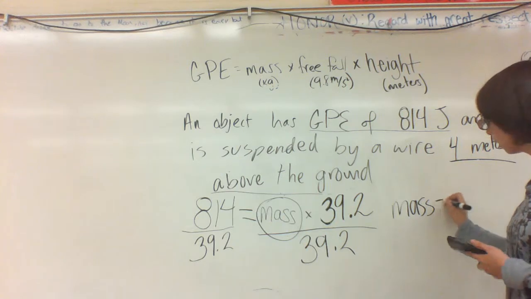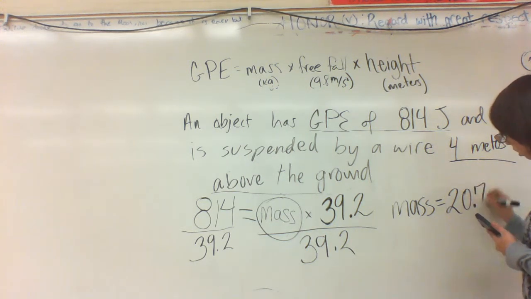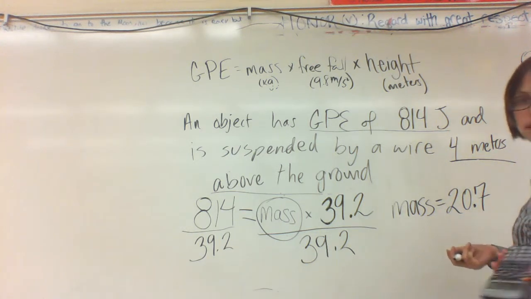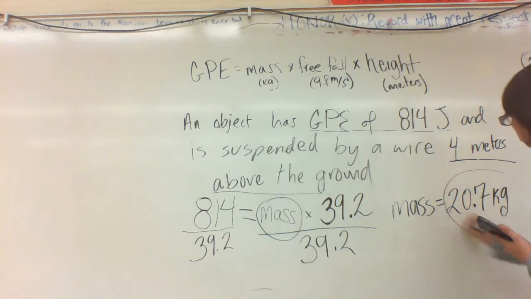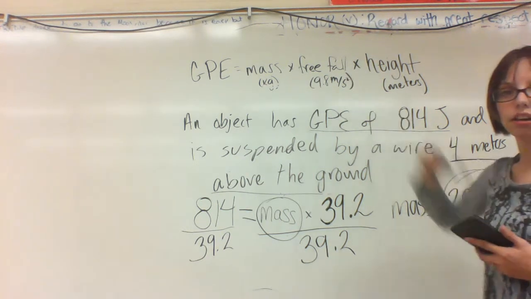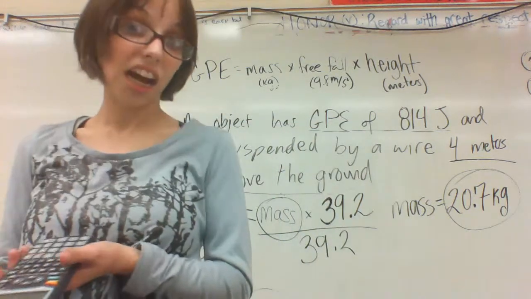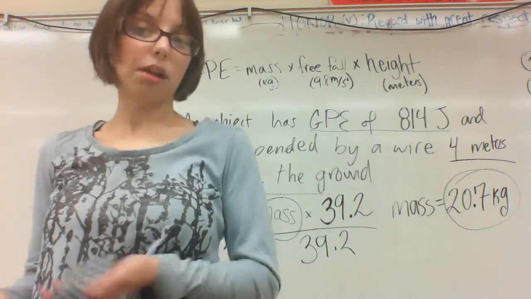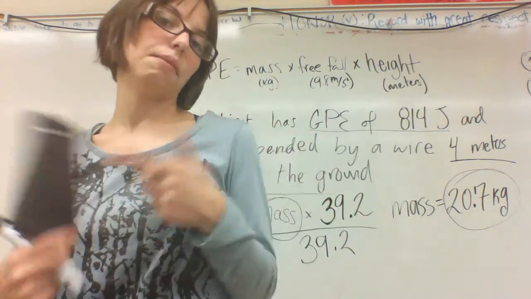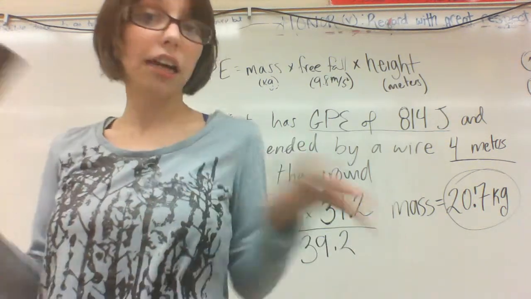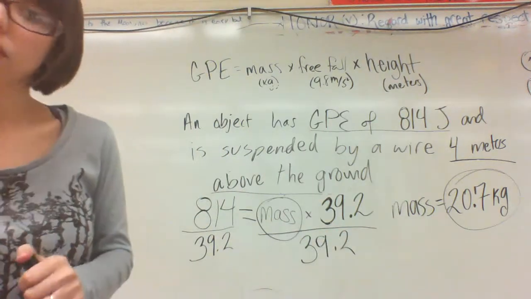So the mass I get ends up being 20, and I'm just going to do 3 digits, 3 significant figures, 20.7 kilograms. Kilograms is my standard unit for mass. Please remember that. If I left it 20.7, that's not correct. I don't know 20.7 what? 20.7 meters, 20.7 miles, 20.7 watermelon. I don't know. You have to tell me. That's something you just have to do.